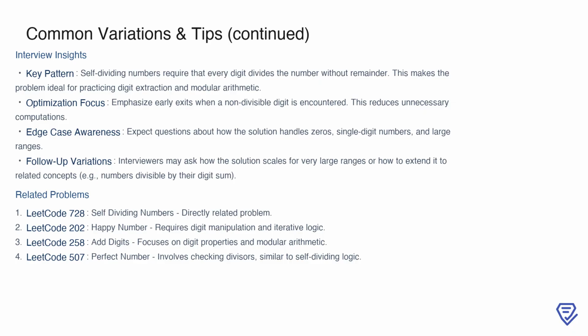Interviewers often appreciate solutions that minimize unnecessary work, so implementing early exits when a non-divisible digit is found can be a strong strategy. Additionally, you should consider how your solution handles edge cases, such as numbers with zeros, single-digit numbers, and large ranges. Interviewers may also ask follow-up questions about scaling your solution for very large ranges or extending the logic to related problems, such as numbers divisible by their digit sum.